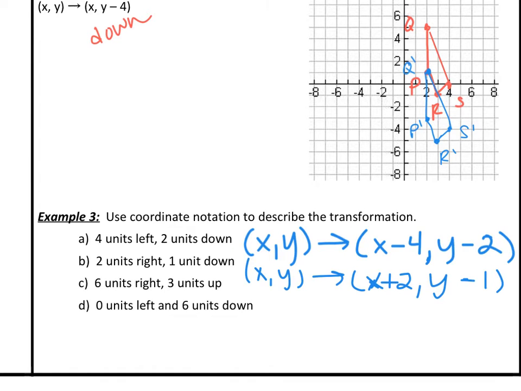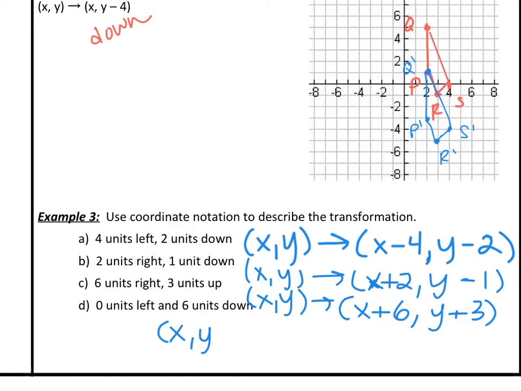Next guy, right 6, up 3, so they're both positive. Right 6 would be x plus 6. Up 3 would be y plus 3. And then the last one, left 0, down 6, that would be x, y. Since it doesn't go left or right at all, we just put x. That has not changed. But down 6 is y minus 6.